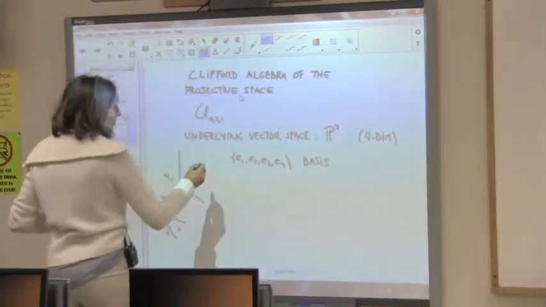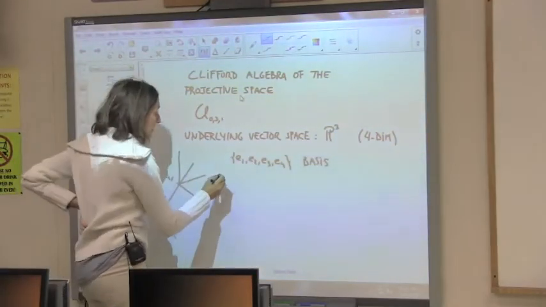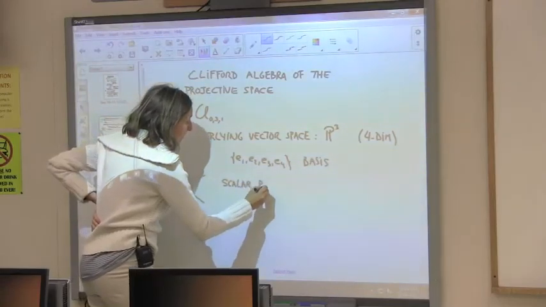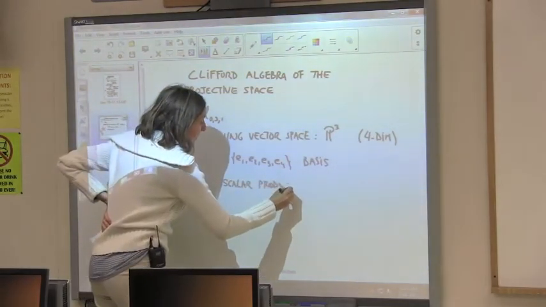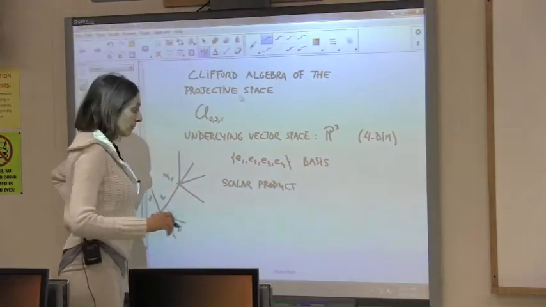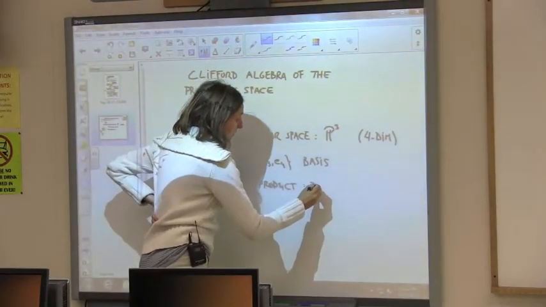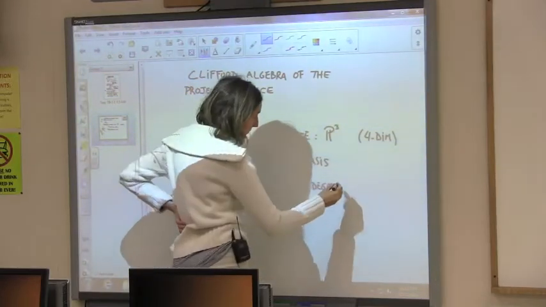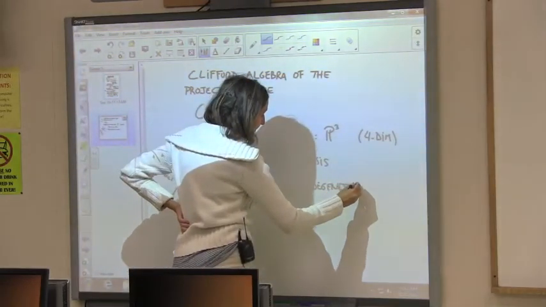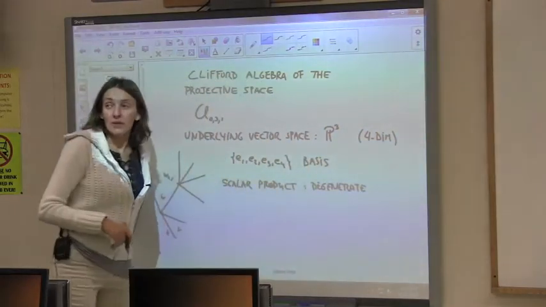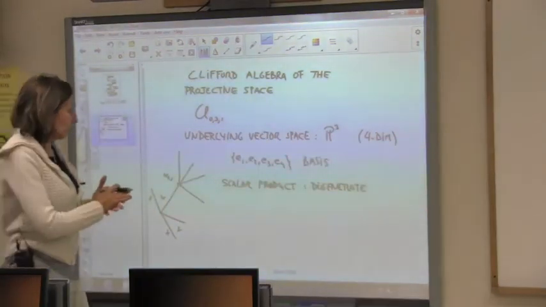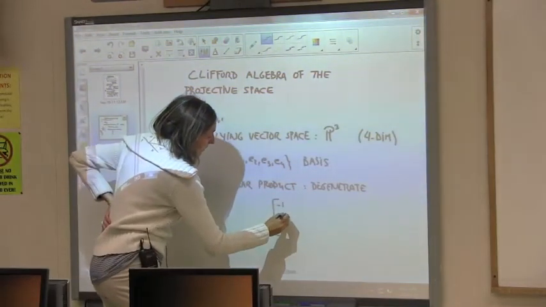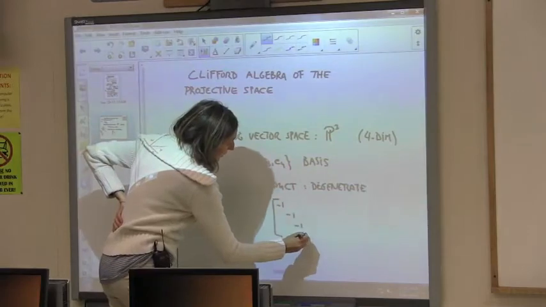So the scalar product that we are going to define in this vector space is a degenerate matrix. Degenerate. And remember we said any bilinear product is given by a matrix. The matrix will be -1, -1, -1, 0.